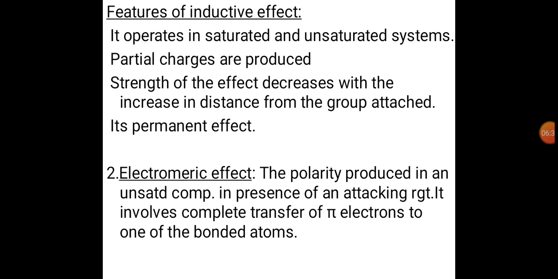These compounds generally should have a double bonded carbon-carbon system. So this electromeric effect can take place only in unsaturated hydrocarbons. I mean to say, carbon should always be attached to another carbon through a double bond. This double bond has one sigma bond and the other one is a loosely bound pi bond.